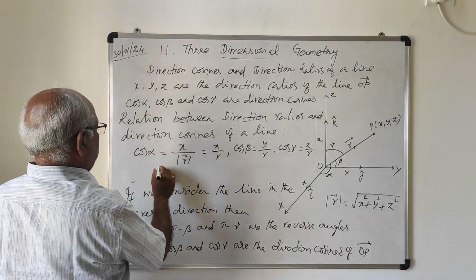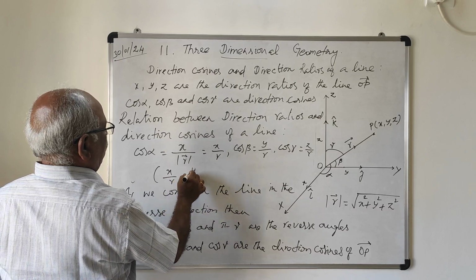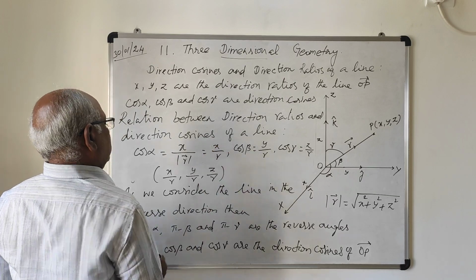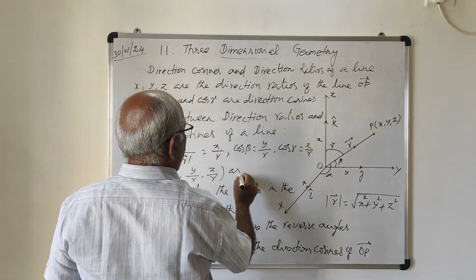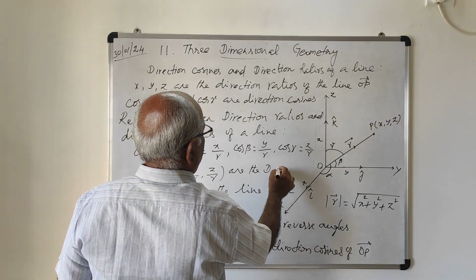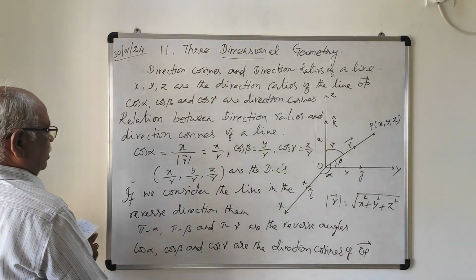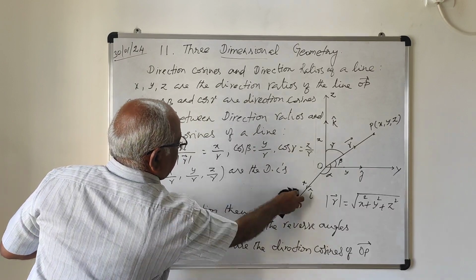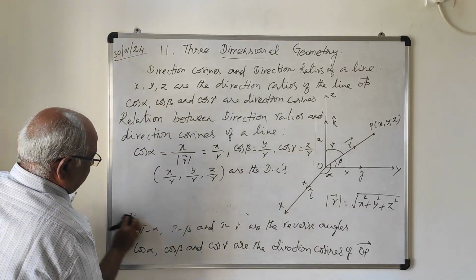Therefore x by r, y by r and z by r are the direction cosines, or the DCs, of the given line. And x, y, z are the direction ratios.